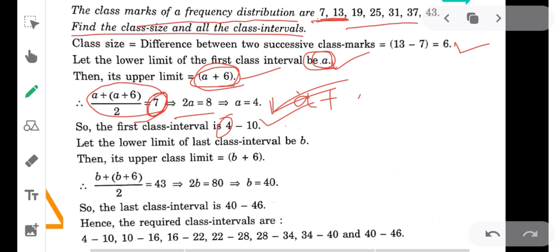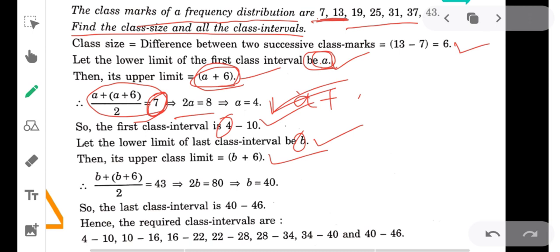Now the last interval: let the lower limit of the last interval be b, and its upper limit will be b plus 6, obviously, because 6 is the class size. Clear? And the class mark equals lower limit plus upper limit divided by 2.